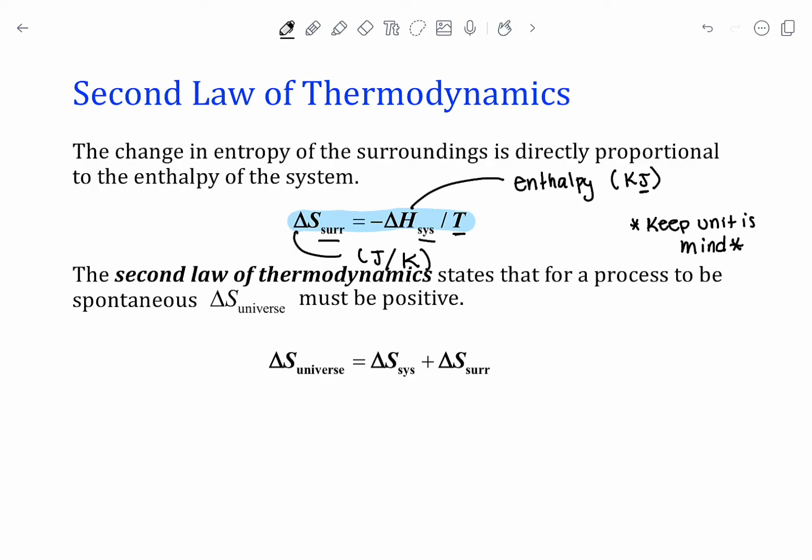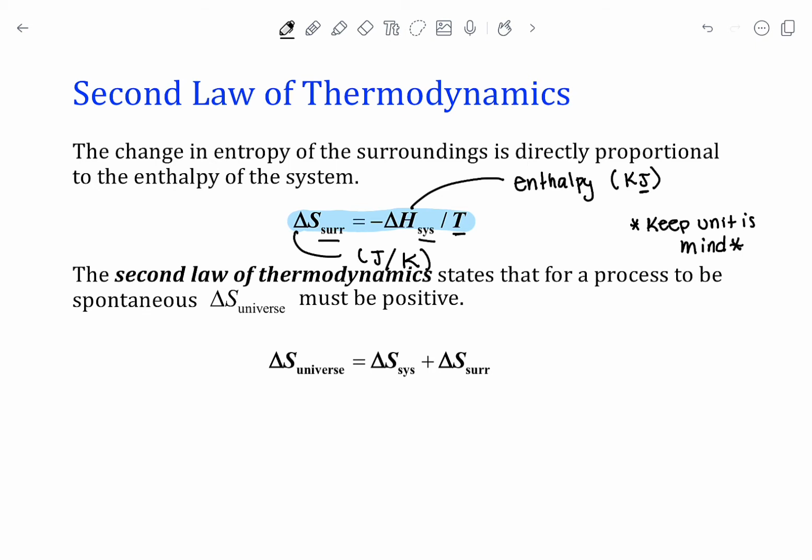Therefore, the second law of thermodynamics states that for a process to be considered spontaneous, it's the change in the entropy of the universe that must be positive to tell us if it is spontaneous or not. When we looked at our previous examples, the delta S of the system was what we were specifically looking at that had different signs, and therefore the signs of the delta S of the surroundings were also different.